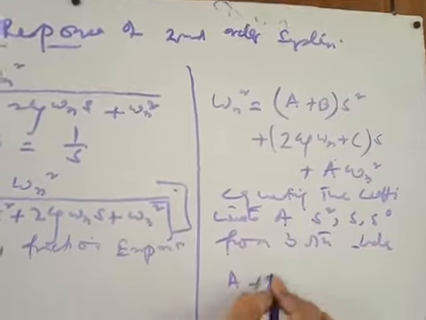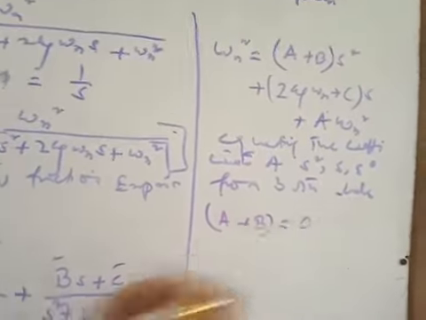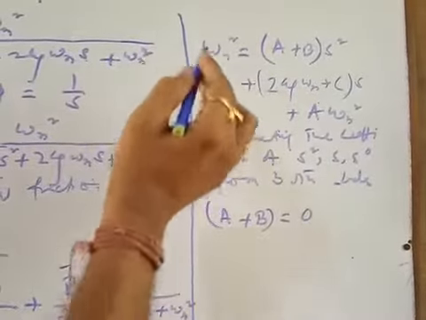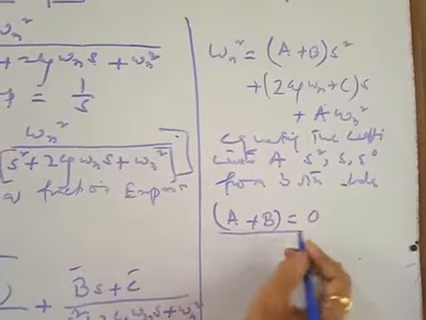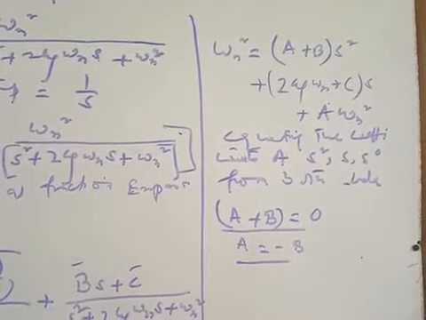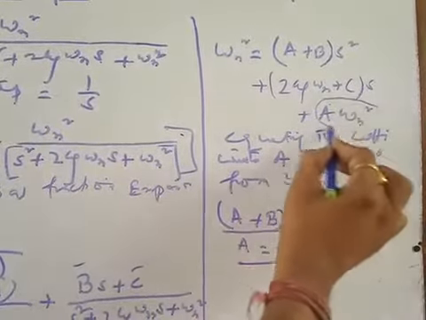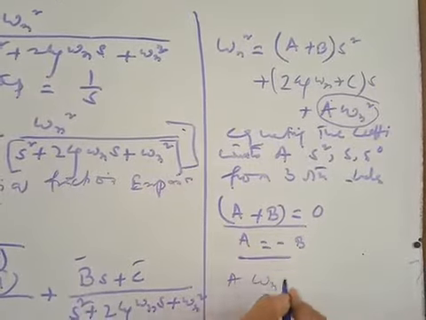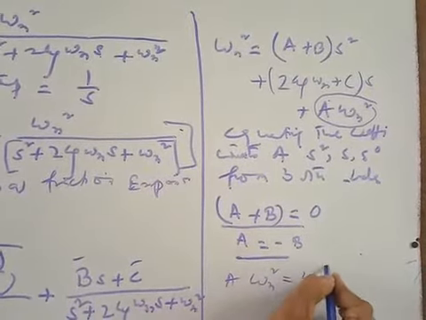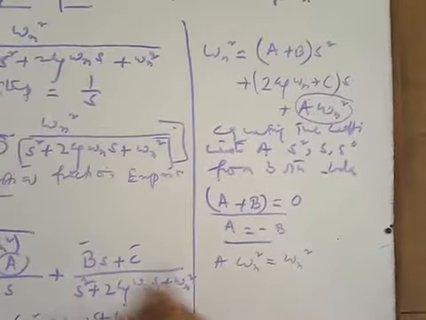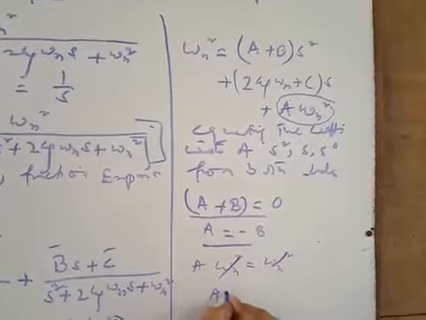A plus B equal to 0, because the coefficient of s square in the left hand side is 0. So you get A plus B equal to 0, that means A is equal to minus B. Then see, this is the part which has no s. So A into omega n square equal to omega n square, and you get A equal to 1.